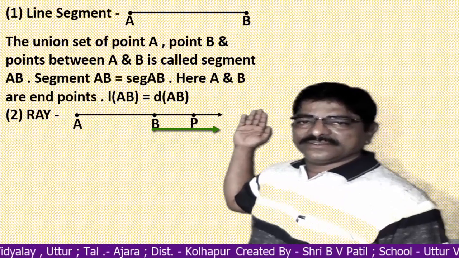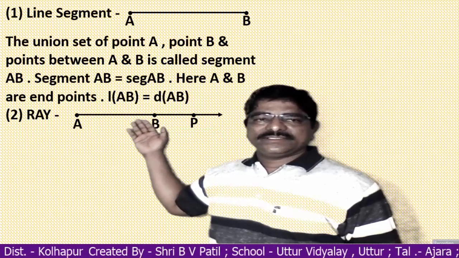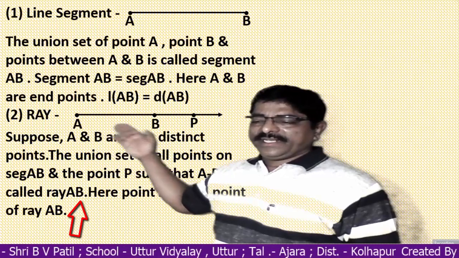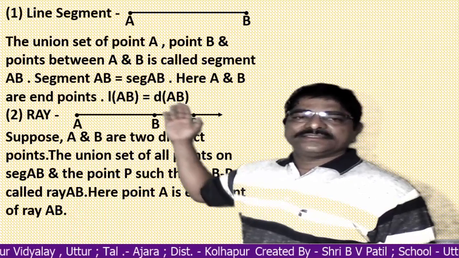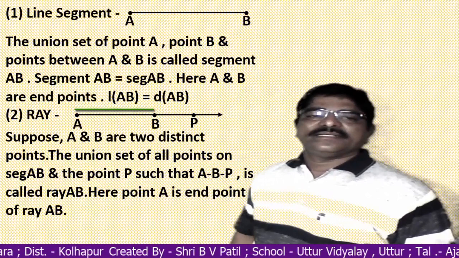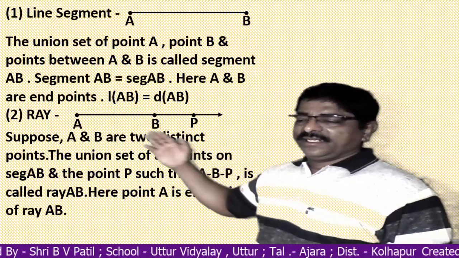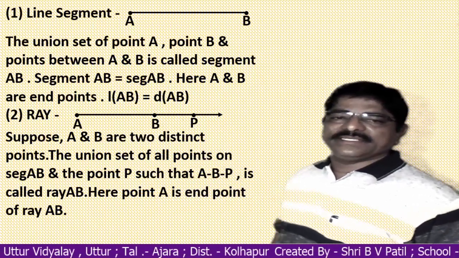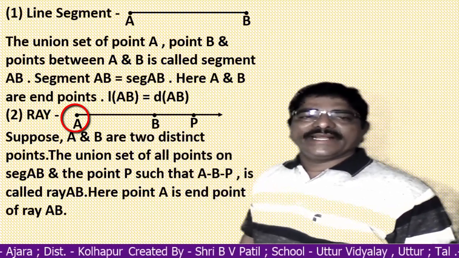In this way, infinite points like P, then that figure is called a ray. Suppose A and B are two distinct points. The union set of all points on segment AB and the points P such that A-B-P is called ray AB. Here A is called the endpoint of ray AB.